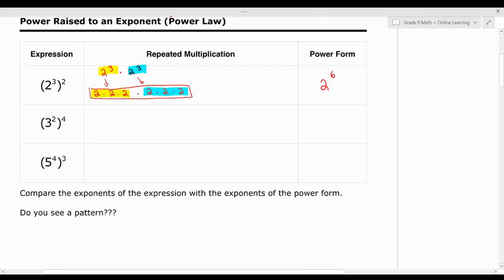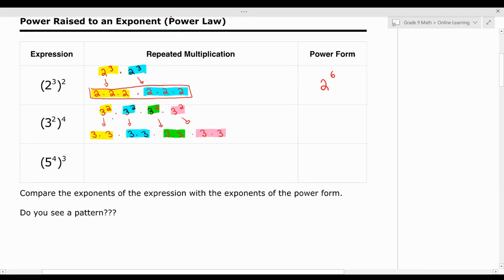Next example, 3 squared raised to the power of 4. That's like you having 3 squared 4 times. So if I were to write out each of these parts separately as a really long repeated multiplication, it's going to look like this.